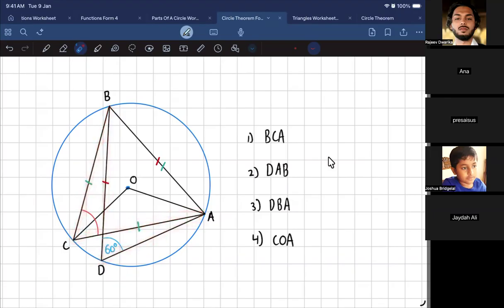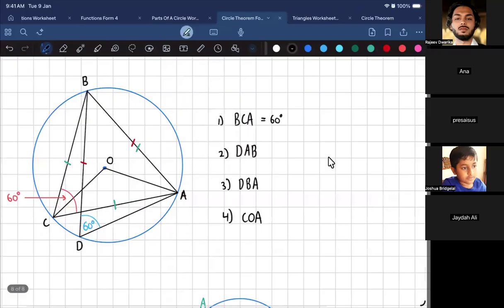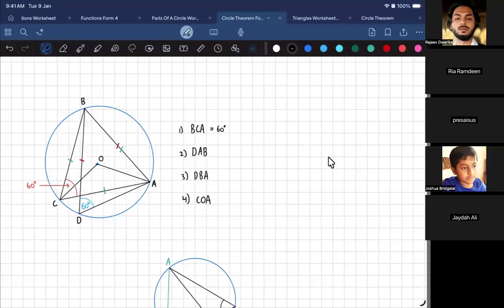So that is the case. What is angle C? 60 degrees. So BCA is equal to 60 degrees. Is there anybody that doesn't understand that? You understand that? Nice.